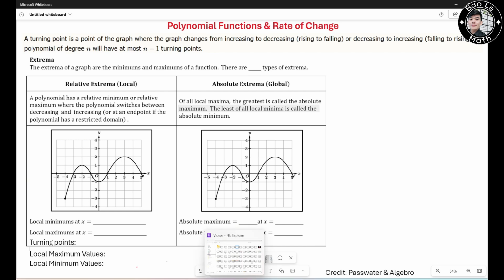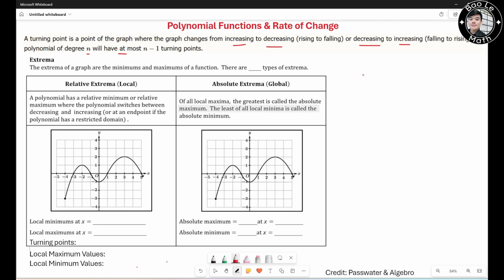Now let's take a look at the next one. A turning point is a point of the graph where the graph changes from increasing to decreasing or decreasing to increasing. A polynomial of degree n will have at most n minus 1 turning points.